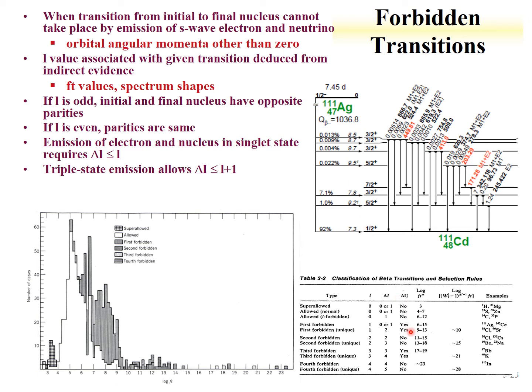That'll fall into a first forbidden transition. Here's an example of a list of radioactive isotopes with their transition classifications and the log FT values. As you see, there's a vast majority which are allowed transitions, and then some first forbidden and very few higher forbidden transitions.